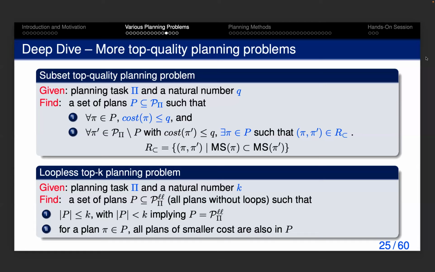Well, plans are so here the subset is a subset of multisets, right? So action multisets. So the two plans are comparable in terms of using the same actions. So A, B, and C, D as plans would be incomparable.